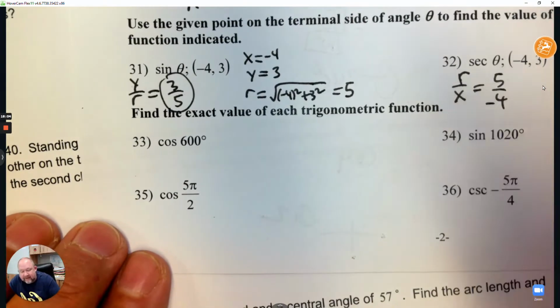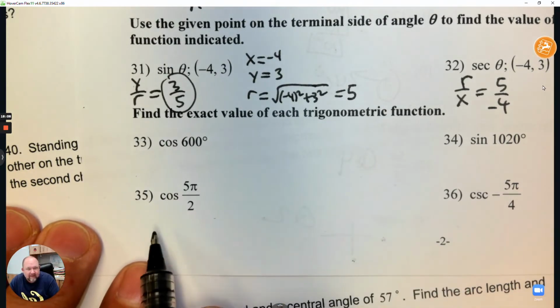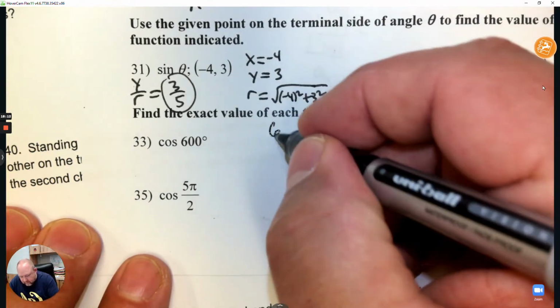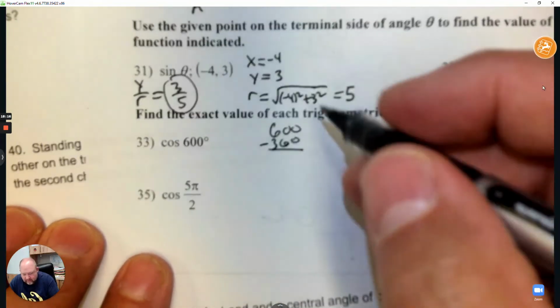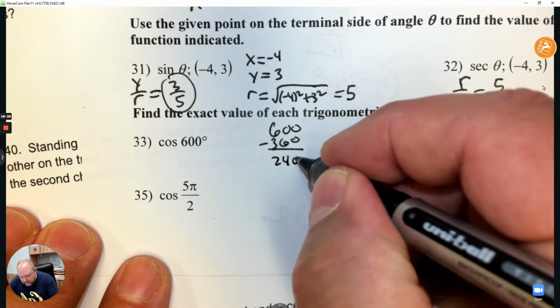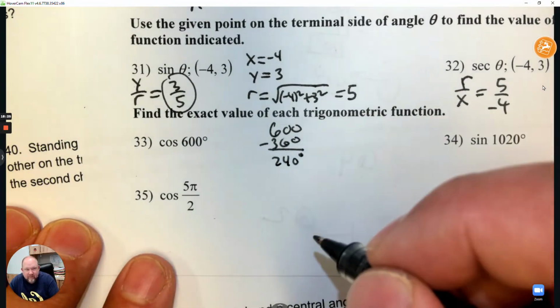All right, find the exact value of these. Now here's a good example. Here's a question where it's way larger than the unit circle. So for this one, I would subtract 360 and first find a coterminal angle between 0 and 360. So if I do that, that's 240. And that's the one I'm going to use.